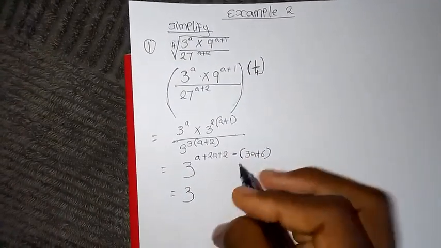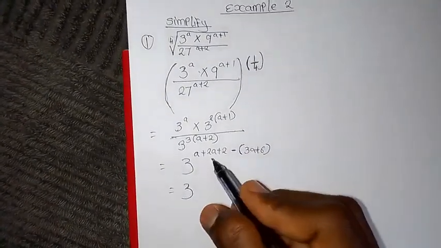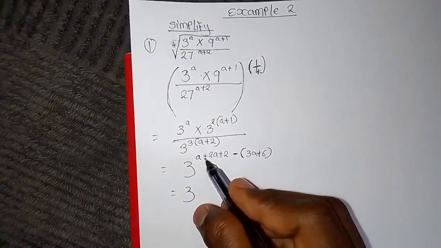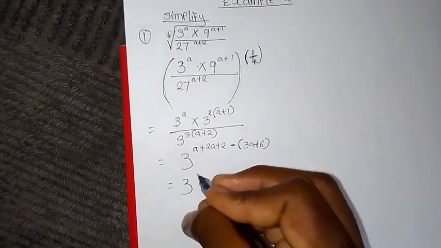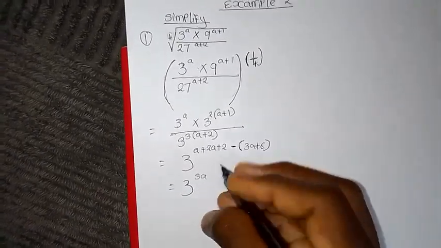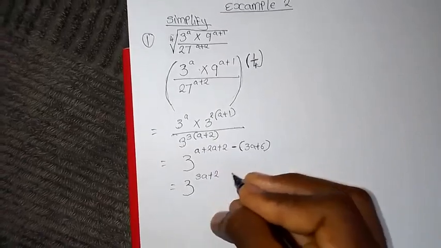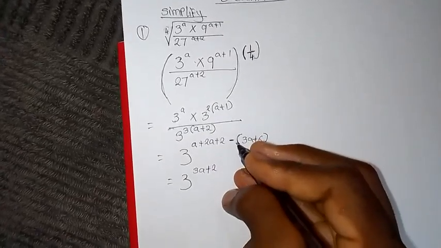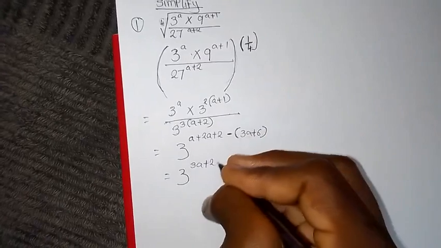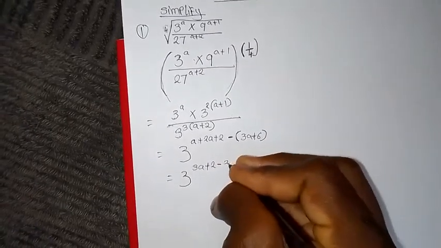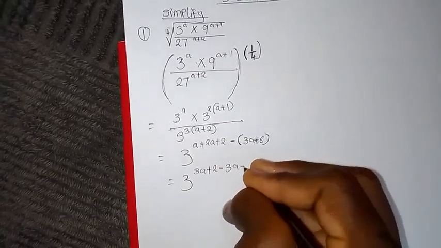Next step here, to make our work easy, we can first add this. So this will be 3a plus 2. Then let's distribute the negative into the brackets, so it's going to be minus 3a minus 6.